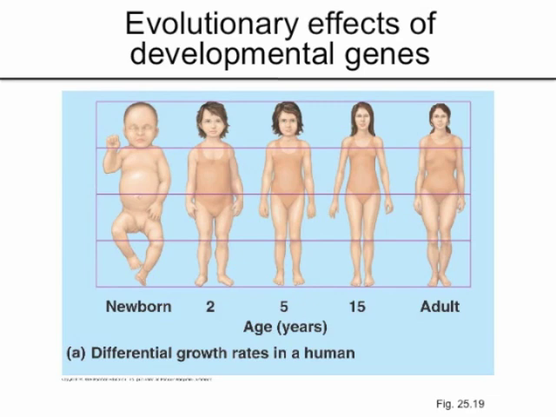We know that evolution happens on things that already exist in nature, and a lot of those things happen due to mutations. So how do mutations lead to changes over time? A lot of it can be traced back to development.